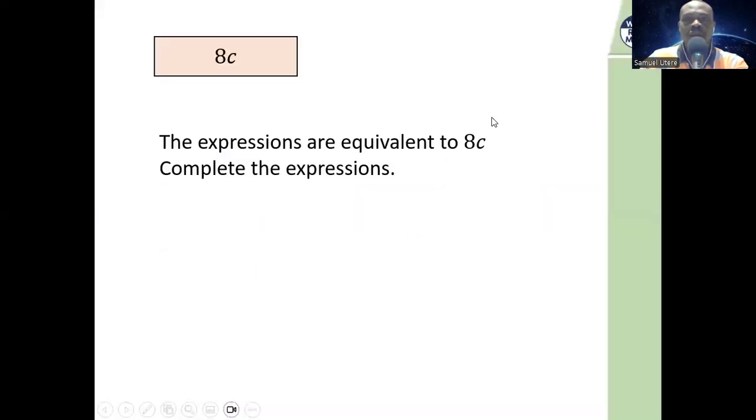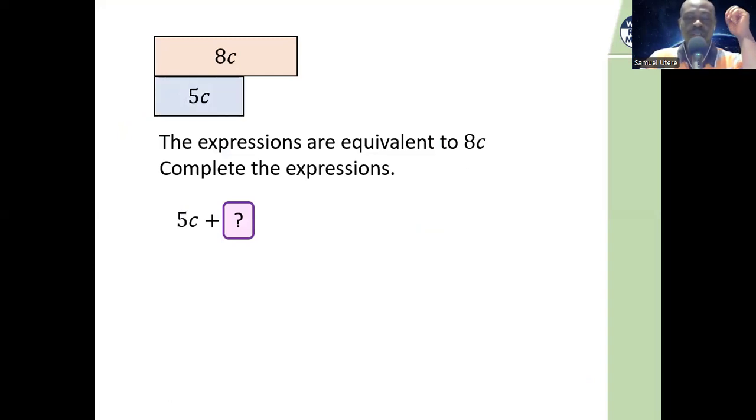All right, let's do some new learning. Now, if we have the expressions, okay, the expressions are equivalent to 8p. So if I ask you to complete these expressions, what will you come up with? Okay, now if we think about the bar model, so if I write 5c, but I don't know what 5c will be, what is needed to complete 5c so that the bars are of the same width.